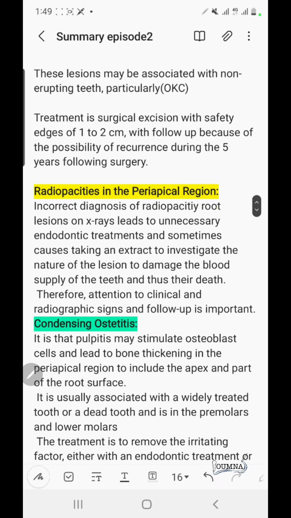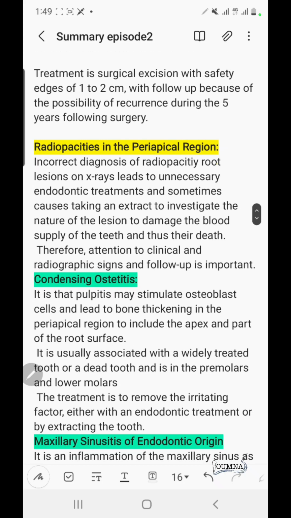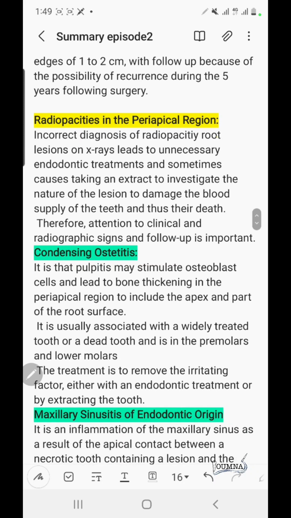These lesions may be associated with non-erupting teeth, in particular the odontogenic keratocyst. Treatment is surgical excision with safety margins of 1 to 2 centimeters, with follow-up because of the possibility of recurrence during the 5 years following surgery.